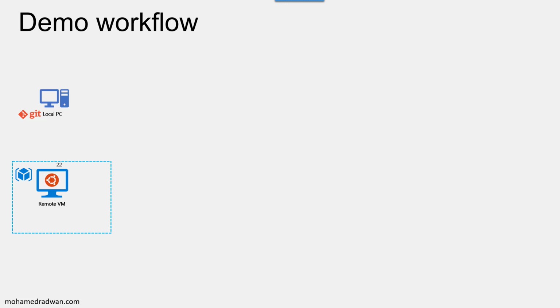I need an Ubuntu machine because I want to use this machine as a remote Ansible machine. So I will create this machine. I need port 22 open so I can communicate with this machine over SSH. Once I complete creation of the machine, I will log into it from my local machine using SSH and the username and password.